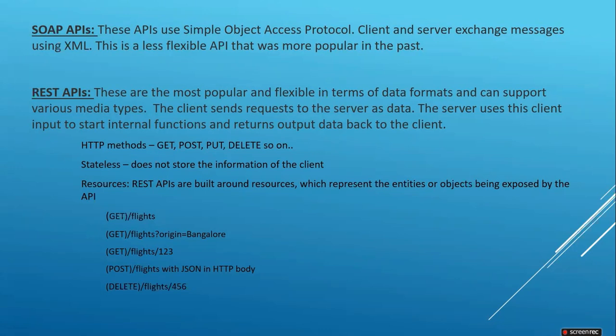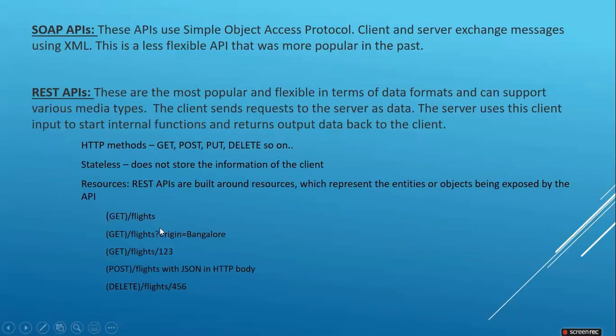For example, we are going to get flights information and there will be a URL. The first part indicates the resource you act upon. The second one indicates the resource name, and it can filter the records by using a query parameter, which we will discuss in the future.